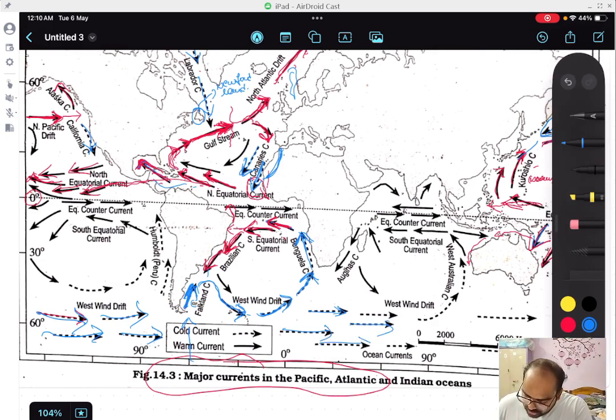The Falkland current merges with the west wind drift and starts moving towards South Africa, and diverges into the Benguela current. And the west wind drift starts moving from west to east.